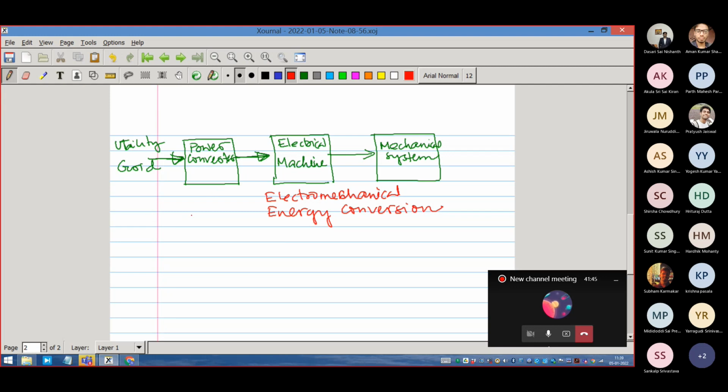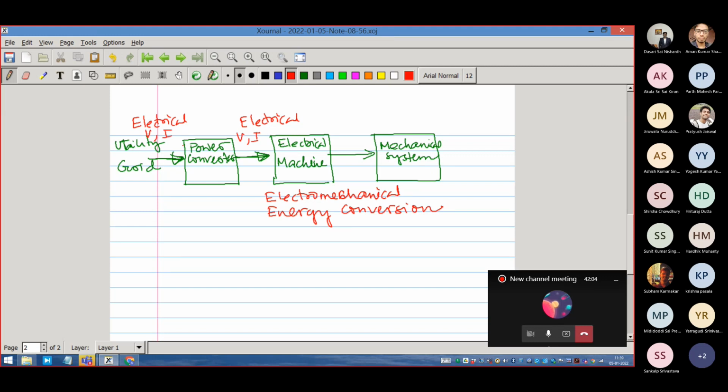The power converter is processing electrical energy. Energy here is also electrical, here also it is electrical. Right? Electrical means voltage and current. This is also voltage and current.